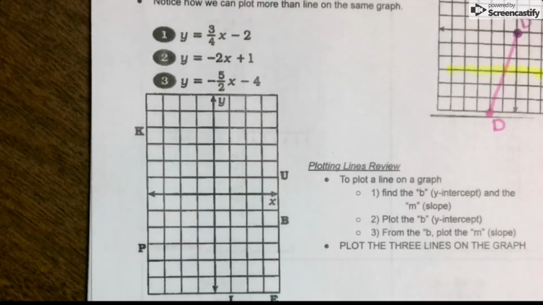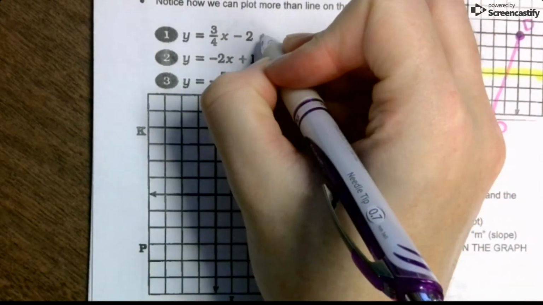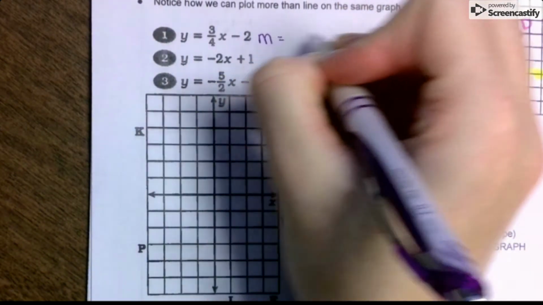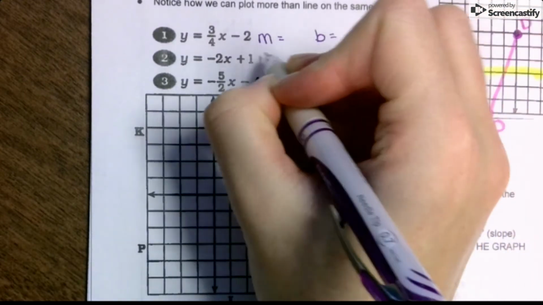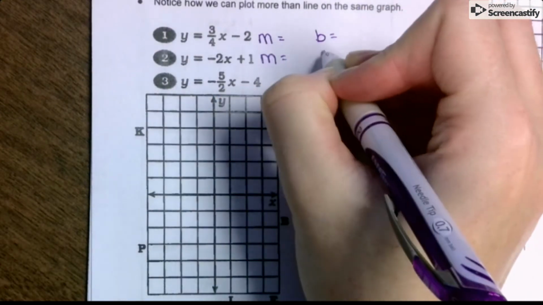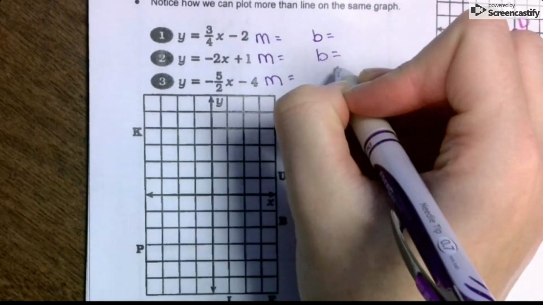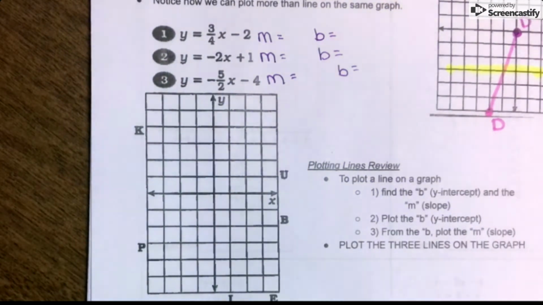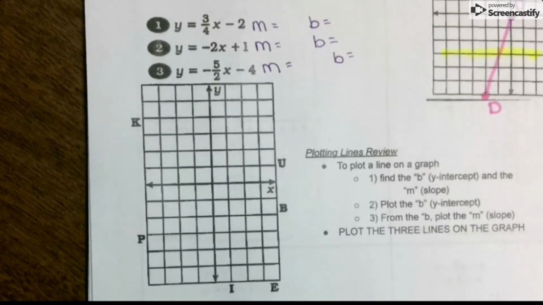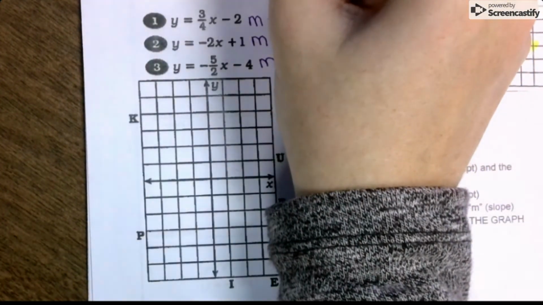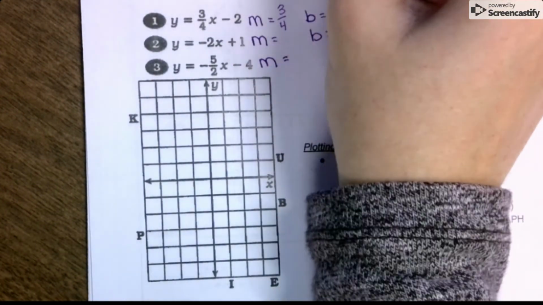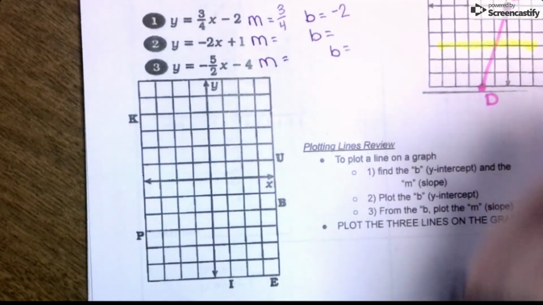Okay? So let's first pick out our M and our B from each equation. So in number 1, what is the M? 3/4. What's the B? -2.